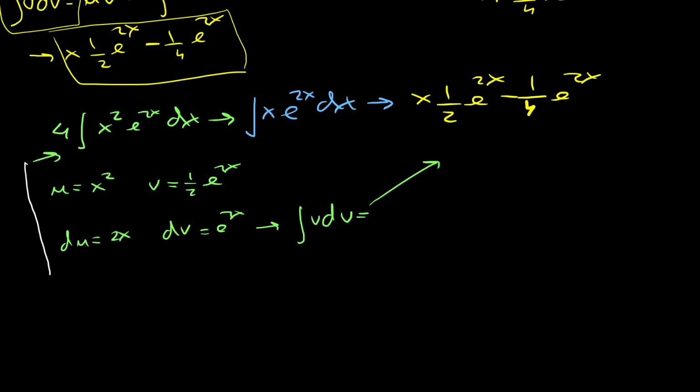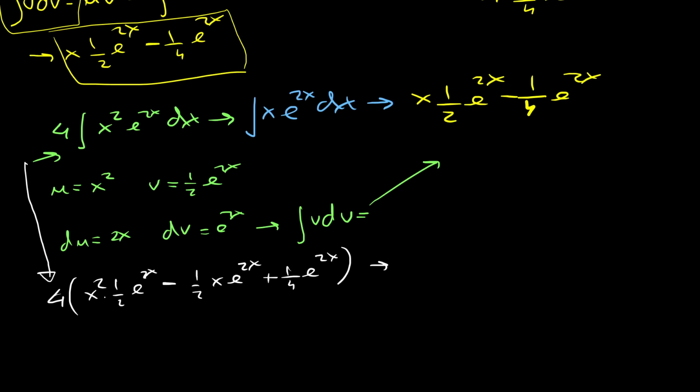So now we are substituting back our simplification. So this is 4 multiplying by u, so x squared times v, so 1/2 e^(2x), so it's uv, minus v du, so minus 1/2 x e^(2x) plus, because it's minus with minus, that's plus 1/4 e^(2x).